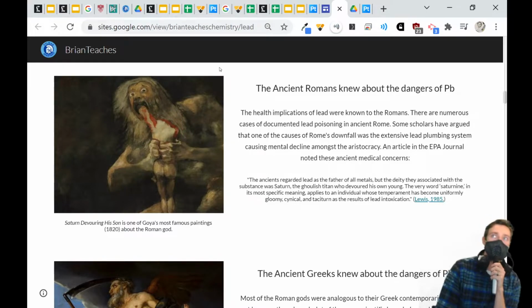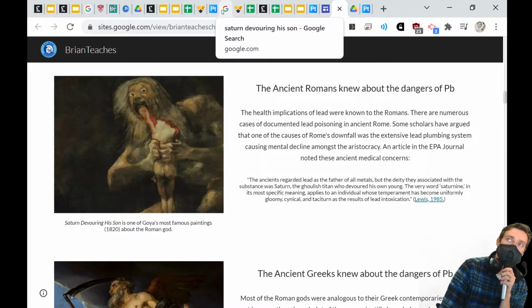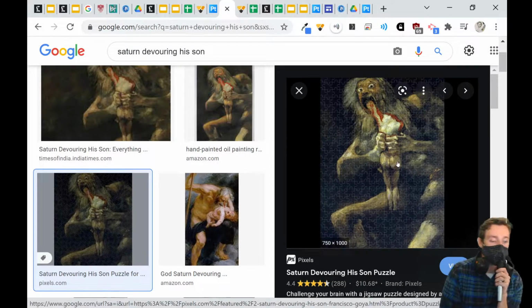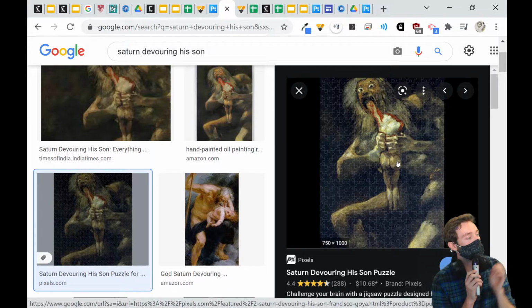Let's see if I can find a better picture of it. Here it is. So do you know who Saturn is? He's a god. Do you know whose parent he is? Yeah, he's Zeus's dad. Zeus, Hera, Poseidon, Hades, they're all brothers.